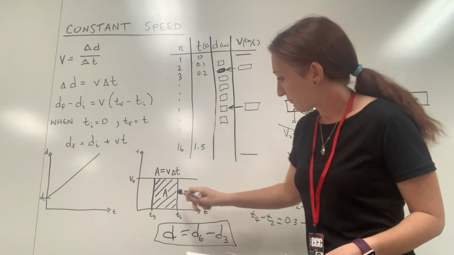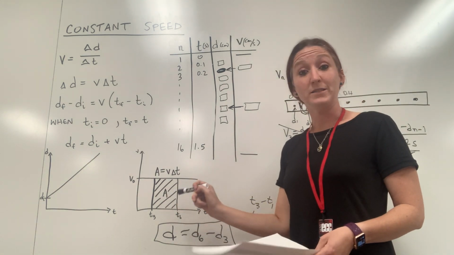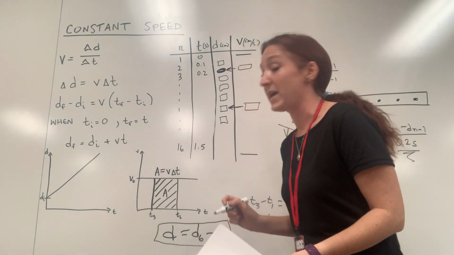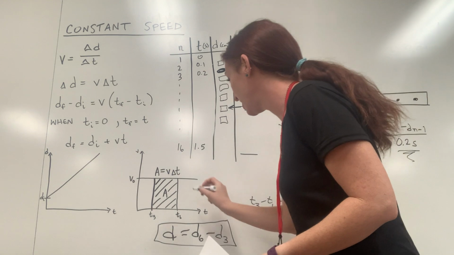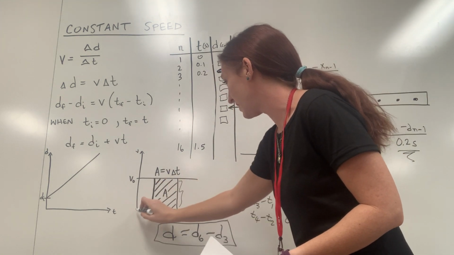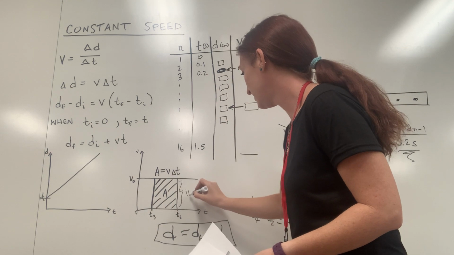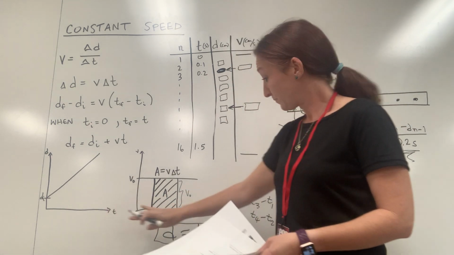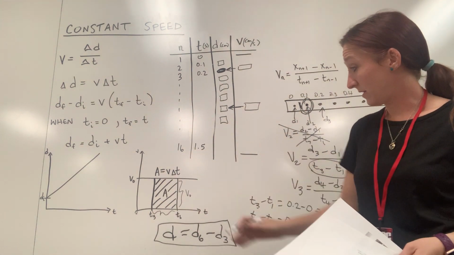Okay? In order to find the area of a rectangle, again, you are looking at just a basic algebra equation. You are multiplying this height, which would be your distance from 0 to V0, by your length, okay?